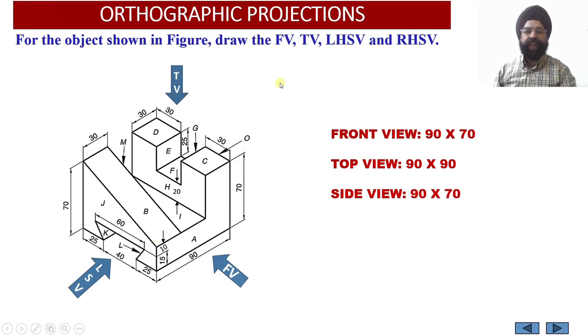Then whenever the viewer is going to look at the solid from the right hand side, we will observe that the opposite side of the surface H, that is this side of the solid, will be visible to the observer. So this surface H, which is not this one, is lying on the other side of this vertical web. So surface H corresponding to the opposite side of the web will be visible to the observer 100%.